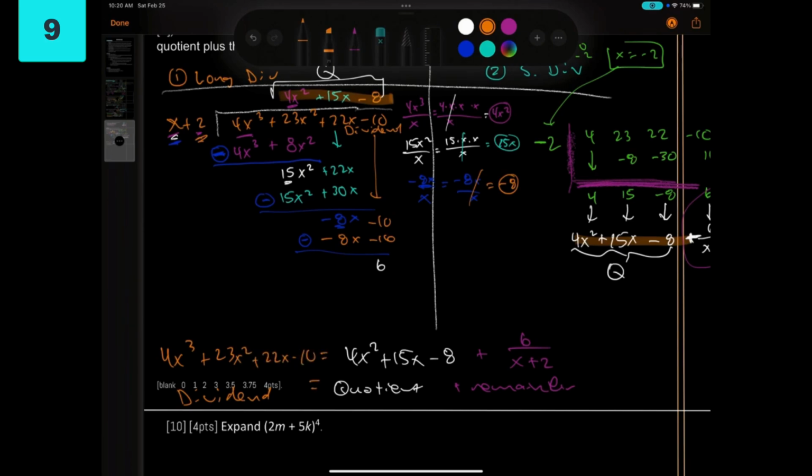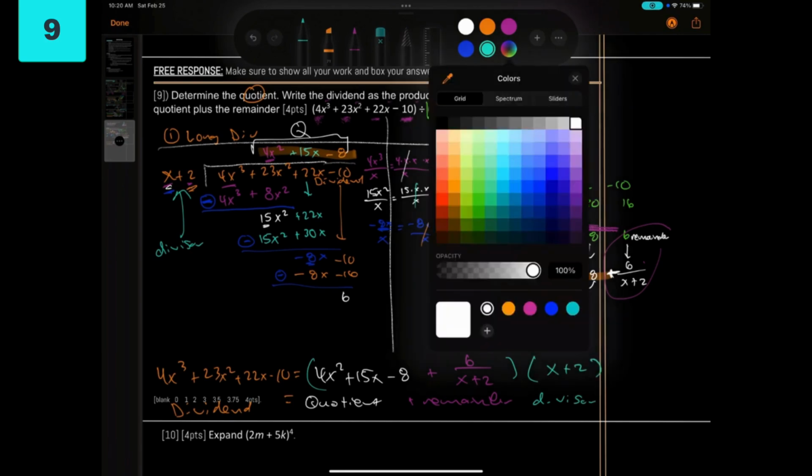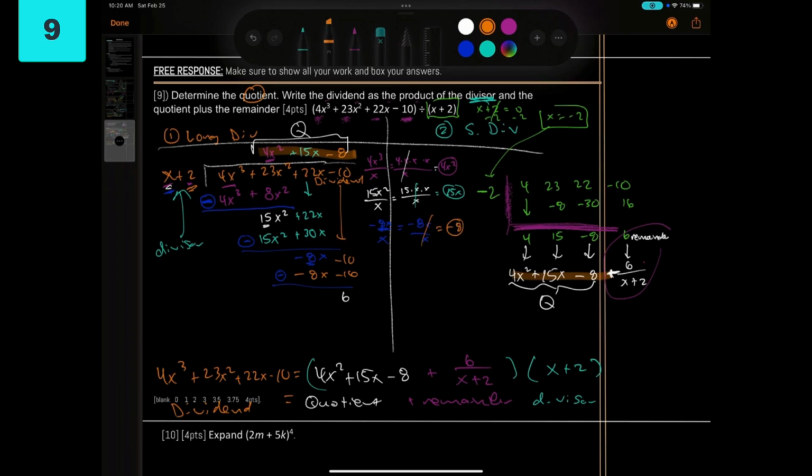This is equal to the divisor. The divisor is what's on the outside here. And I forgot to write that, so I'm just going to write it over here. It's totally okay because in multiplication, you can just change the order. Let's make sure that's clear. So this is our answer.